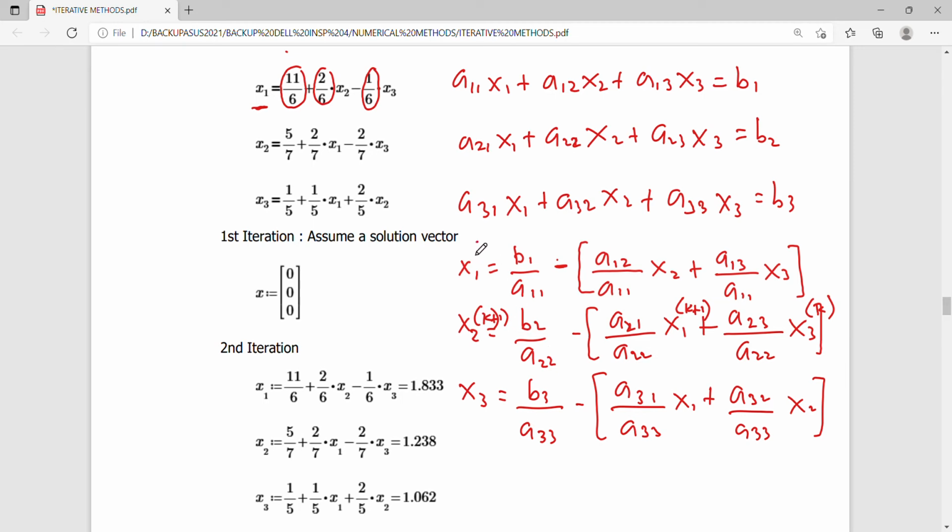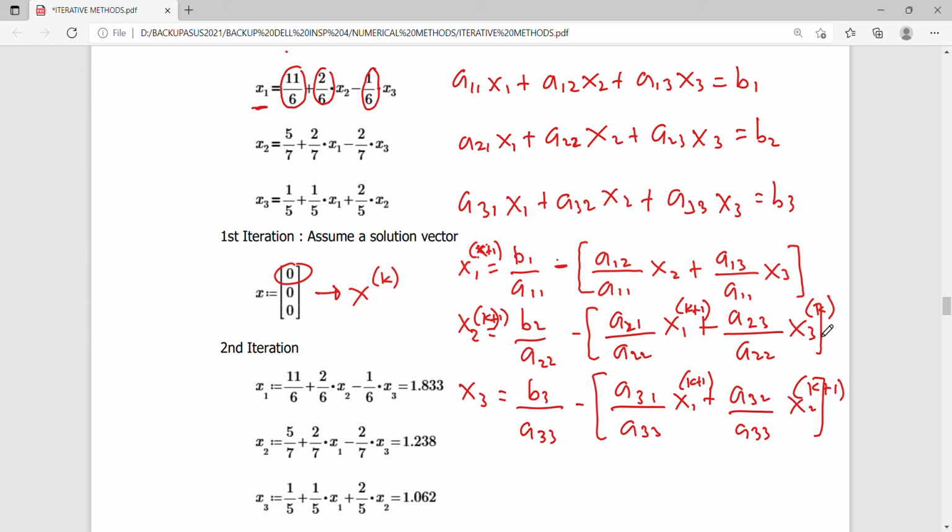Okay, so this x1 that will be substituted into this x2 k plus 1 iterate is actually the updated x1 k plus 1 iterate, and not this value which is still a part of your x k iterate, the previous iterate. And so it is true with this one. Your x1 will be a part of the k plus 1 iterate, and your x2 here will already be a part of your k plus 1 iterate.